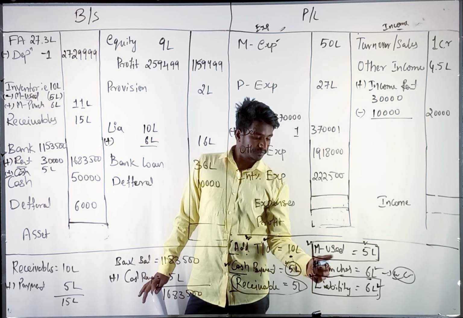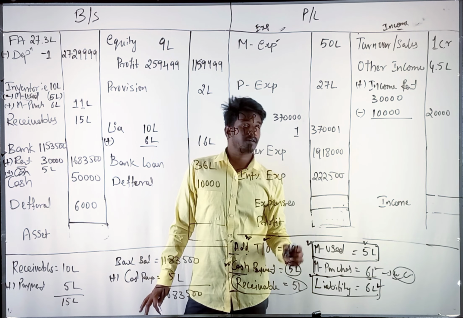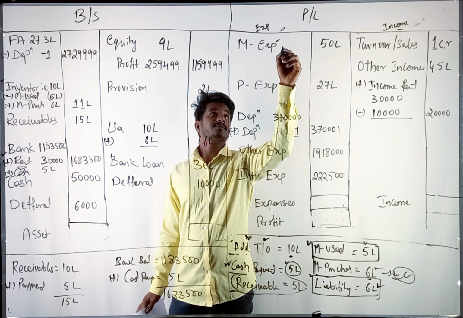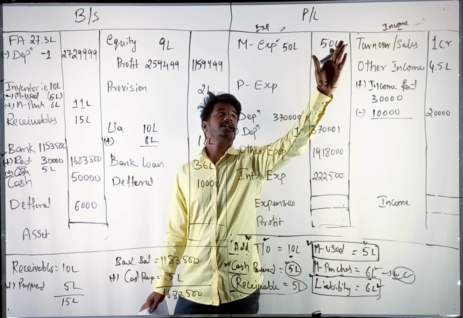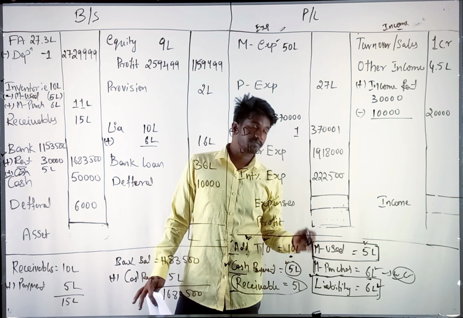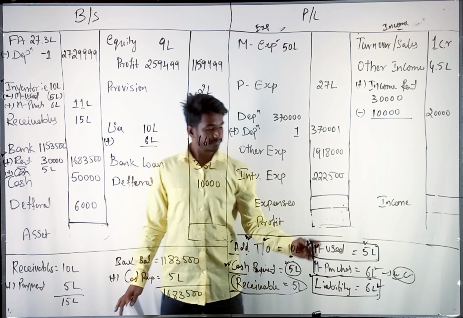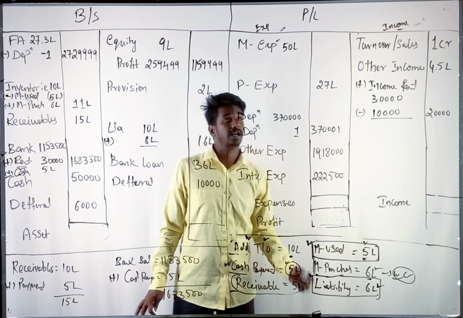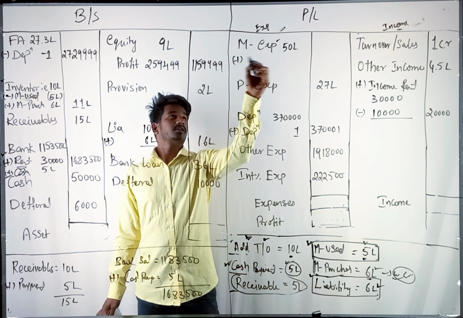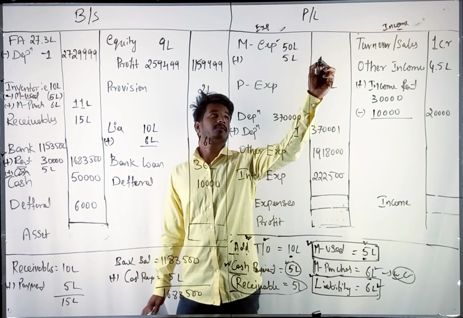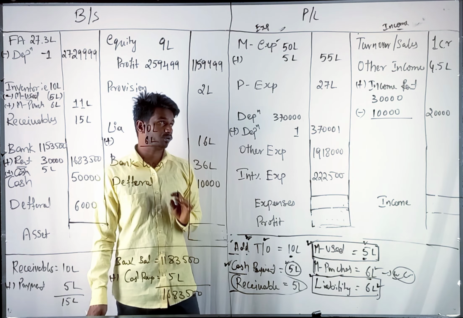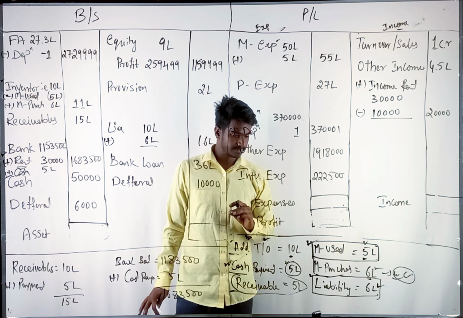Already it is 50 lakh rupees, and again we are expensing one more 5 lakh rupees. Add it, it becomes 55 lakh rupees of material expenses.